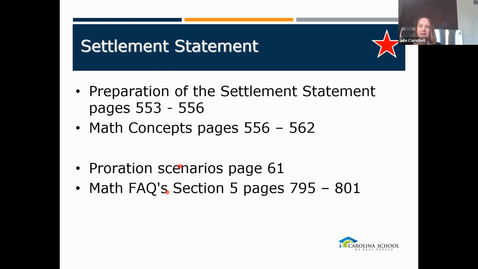Is it fair for me to pay the entire year's property taxes? No, I'm going to pay my fair share, and you're going to pay yours. That's what we're going to talk about with proration. And then the back of your book has a math facts section, all to get us prepared for next week, November 1st, when we do our settlement statement.